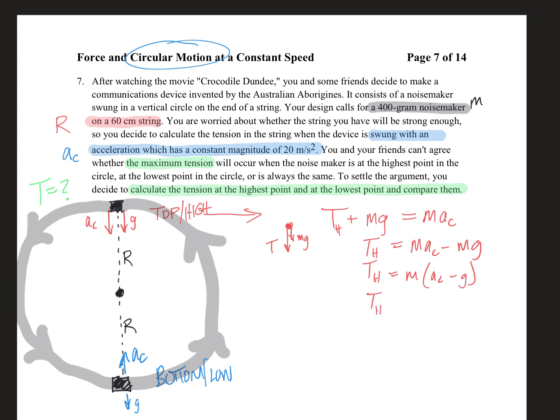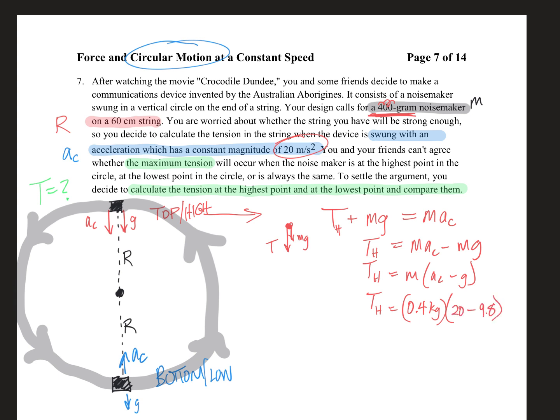And so if we do 400 grams, which is going to be 0.4 kilograms, okay? 400 grams would be 0.4, divide that by 1,000, move the decimal over 1, 2, 3. The centripetal acceleration was 20.